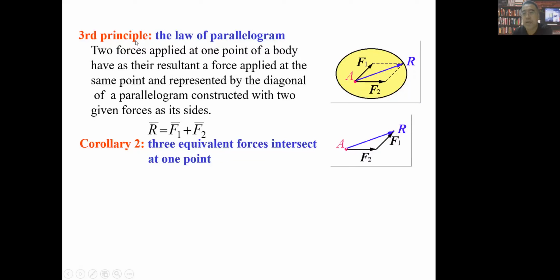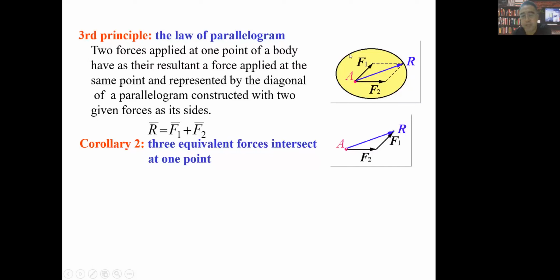One step, we use this principle, we find FR to simplify F1, F2 into just one force. Then we use this principle again, and we can find another resultant, maybe R prime, from this R and F3.